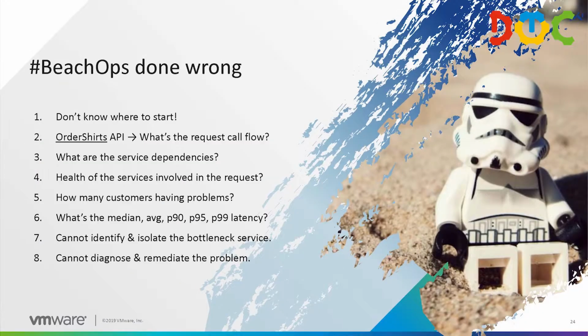For us, this is a very important metric: what is the blast radius of this impact? Who's impacted? What are the medians, the P90s, the P99s of our latencies? How slow is it? What's the performance? Because we really care about customer experience. And then we cannot isolate the bottlenecks or what is actually causing this problem, so we have no way to diagnose or even start to remediate.